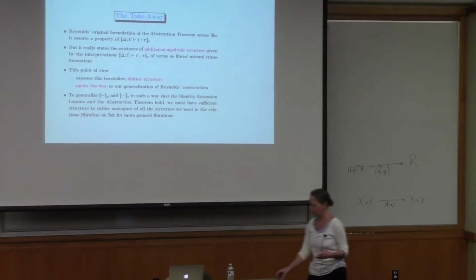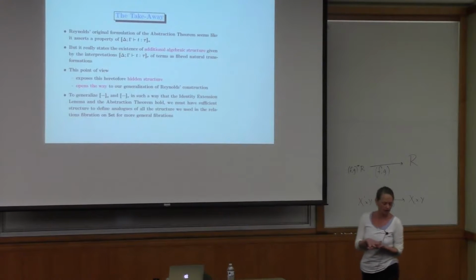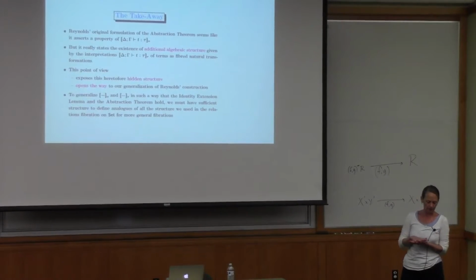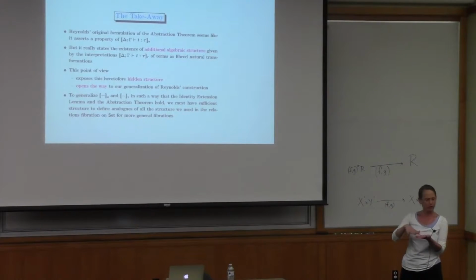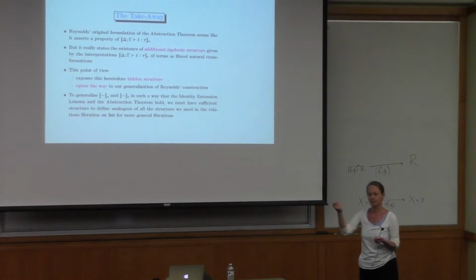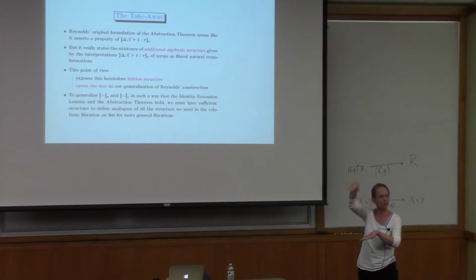This will become a little bit clearer in a minute, but think about the base category of your fibration, the place where you do your object interpretation, giving you a standard interpretation for System F. And think about the relational level, the place where you do the relational interpretation, as giving you a notion of relatedness. Then you can vary the standard, object interpretation, and you can vary your notion of relatedness.